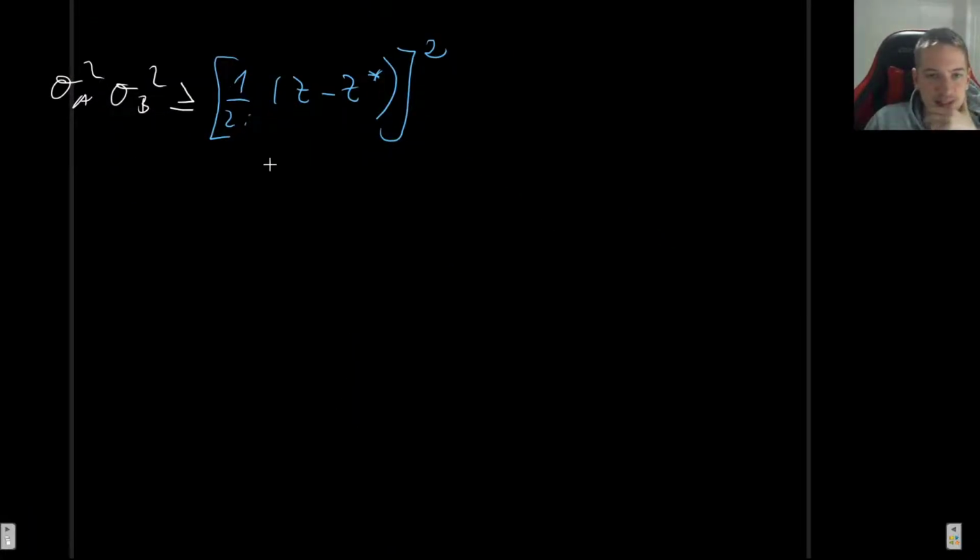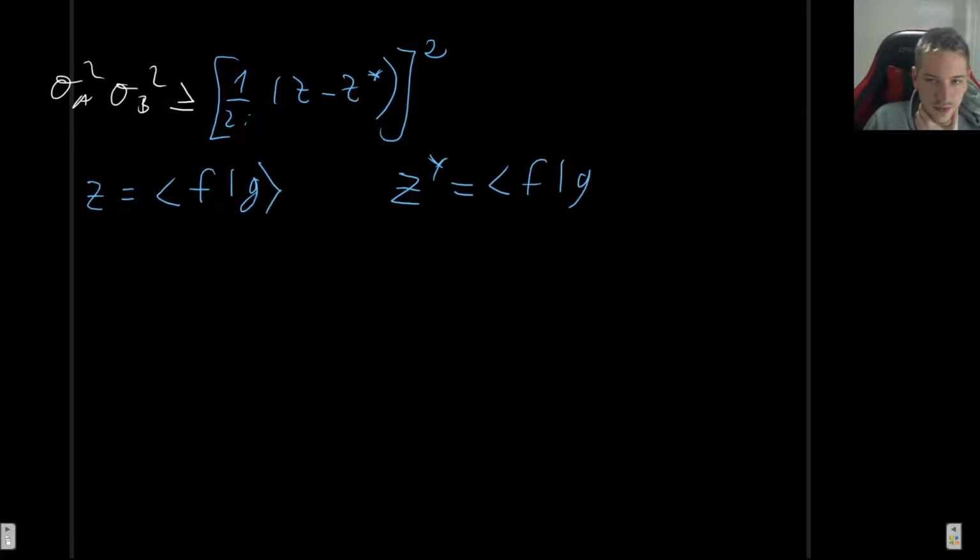So what comes next? In order for us to actually find something here, we need to determine what z and z conjugate are. As we saw, z, we just defined it as the inner product between f and g. And z conjugate is going to be the conjugate of this. So that's going to be bra f ket g, and this conjugate, sorry.